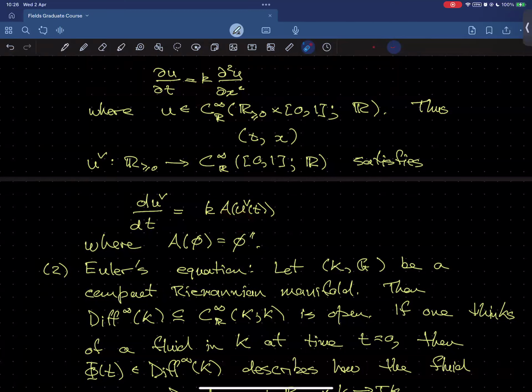Right. So what's a? So a now, so u check of t is a mapping in here, and a of u check of t just takes it and differentiates it twice, right? So the differentiation is a function on [0, 1], so that's x, right? So that's how this thing corresponds to that.